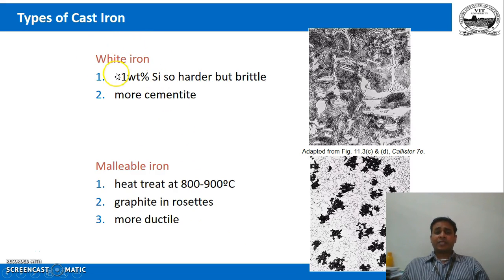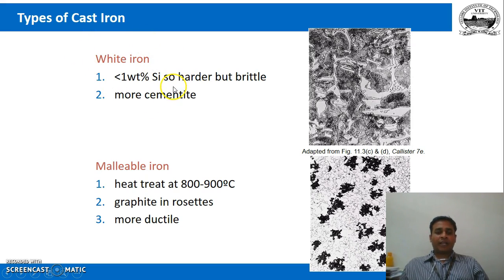If you look at the white cast iron, if you don't have graphite, what will you have? You will have cementite, right? Fe3C, that is carbon existing in the form of cementite, as a compound, iron carbide. If you have iron carbide as such, then you see a microstructure like this, and if you break it, the fracture surface looks white.